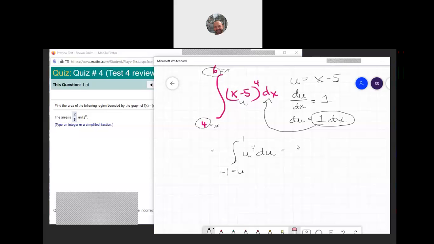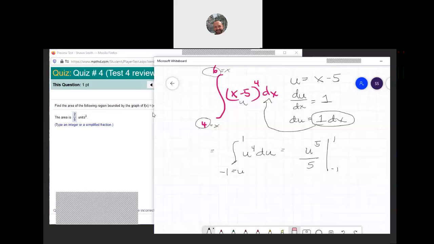And now I have negative 1 to positive 1 on a function of u to the fourth. This is symmetry, right? So you can use from 0 to 1 if you want and then double it, or you can just use the fundamental theorem and evaluate at 1 and at negative 1. So this would be u to the fifth over 5. Evaluate it at 1 first and then at negative 1.